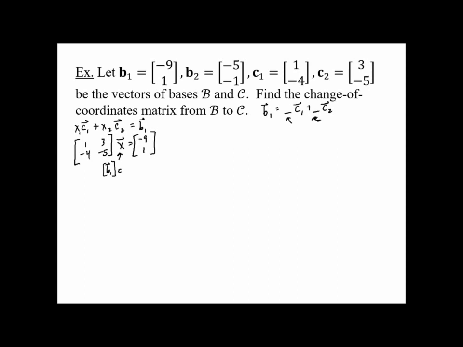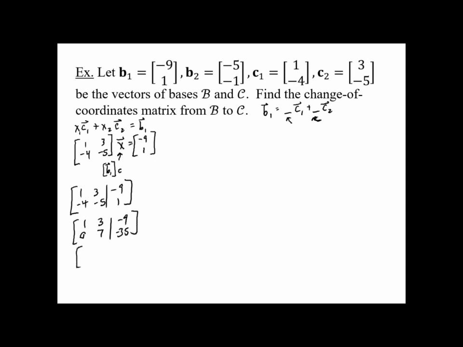So let's solve this equation here real quick. So we've got 1, 3, -9, -4, -5, 1. 1, 3, negative 9. Okay, multiply the top row by 4 and add the bottom row. Gives me 0, 7, negative 36, negative 35.